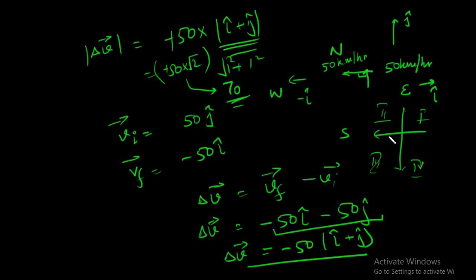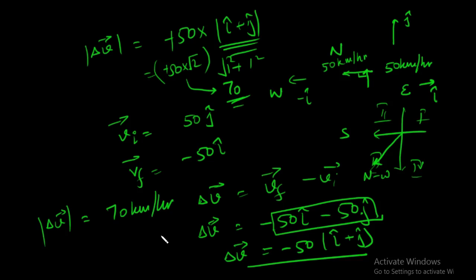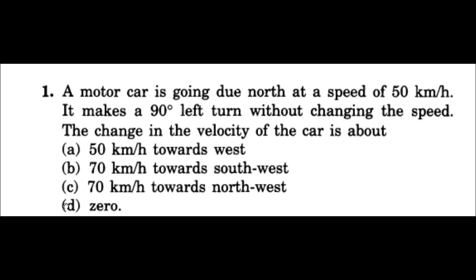So in this quadrant, since these are equal coordinates, you see 50 and 50, so they are equal, hence the direction will be perfectly southwest. Alright, so the answer is: the magnitude of change in velocity is 70 km per hour towards southwest. Alright, so here C is the answer.